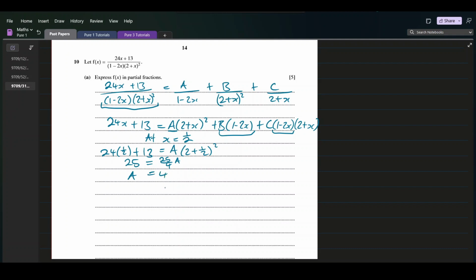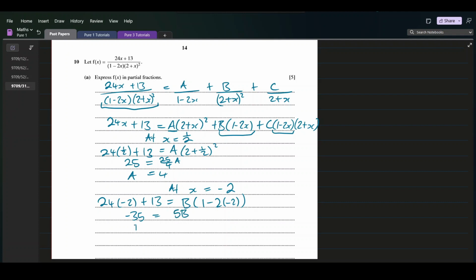And now let's evaluate when we'll do at x is equal to negative 2, and this allows us to evaluate B. So this becomes 24 times negative 2 plus 13 is equal to B times 1 minus 2 times minus 2, and so that's negative 48 plus 13, which is equal to negative 35, and this is equal to, we've got 1 minus 2 times minus 2, so that's 1 plus 4, which is 5B.